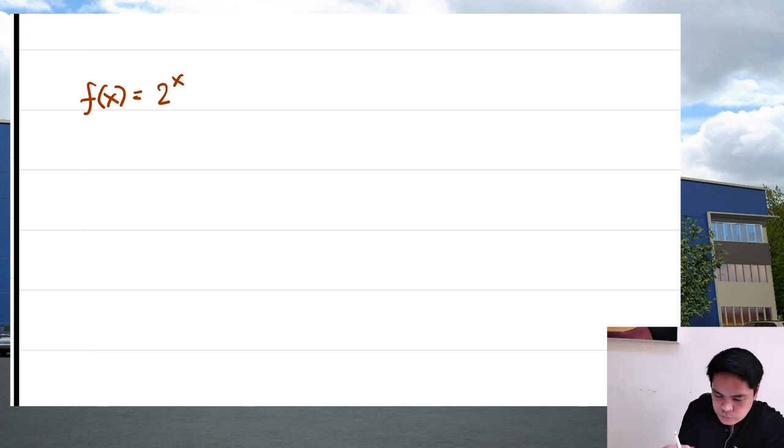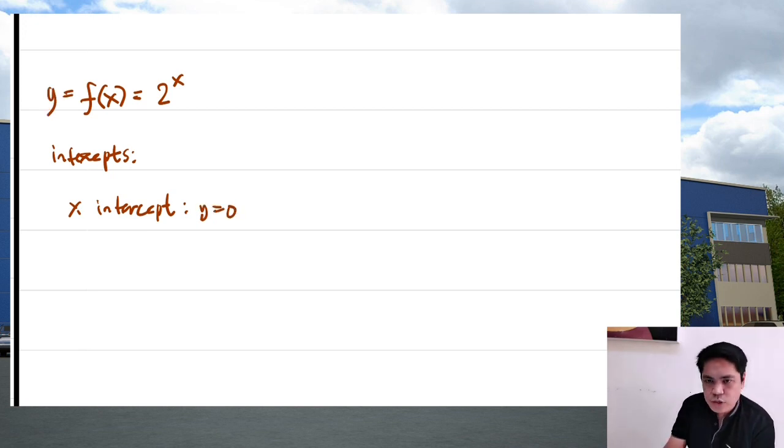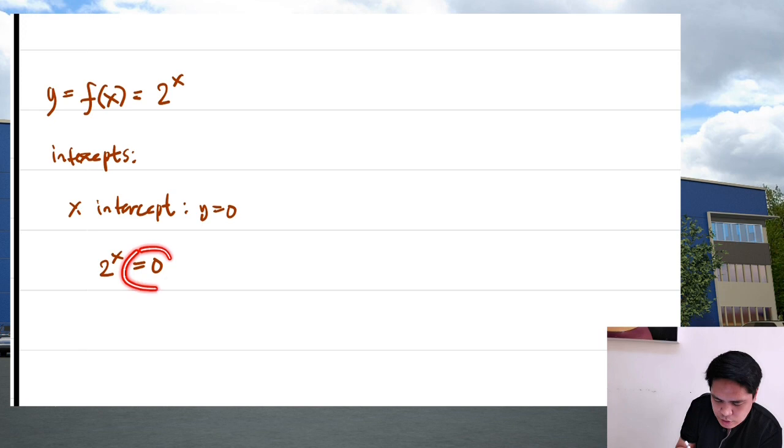Okay, now, if you want to solve for the intercepts, okay, so let's start with the x-intercept. For the x-intercept, y, or the function of x, so let us describe this as y na lang, y should be 0, or the function of x should be 0. But if we have 2 raised to x equal to 0, we cannot have any number to be substituted to x that will result to 0.